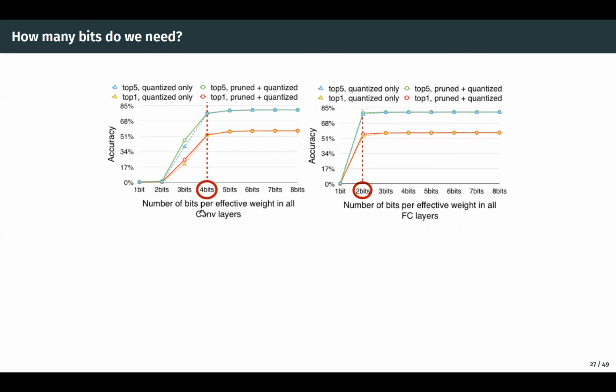For example, in this convolution layer, they found that 4 bits were actually retaining some level of accuracy. So it depends on applications. Some applications are okay with 50% accuracy. Some models are really critical, so you do not want 50% accuracy. It's just based on applications. For this example, you see you are gaining nothing by increasing bits. So in this case, you would rather stick with 2 bits than 4 bits because there's no difference.